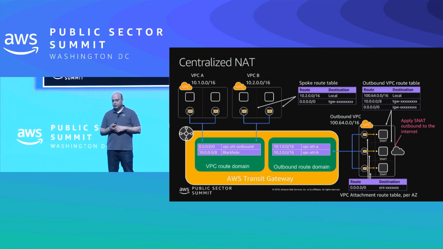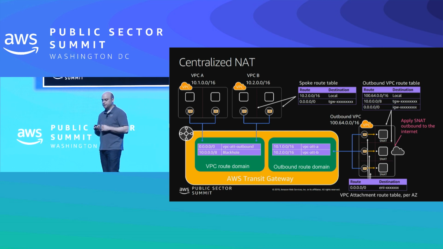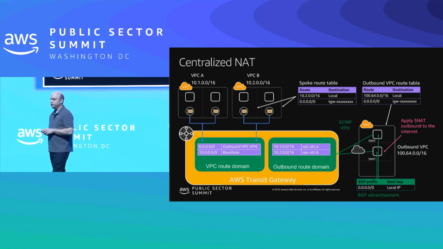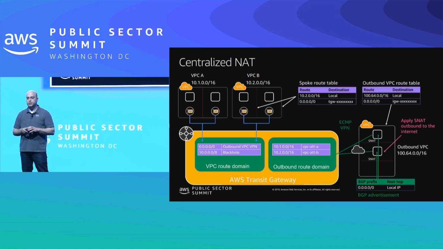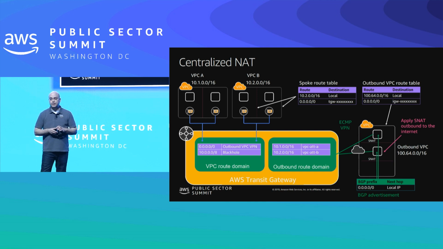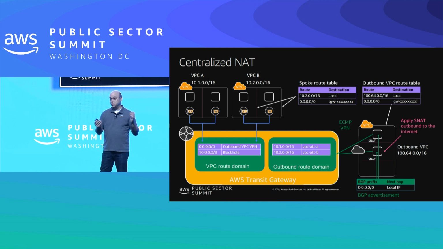All right, so another way that you can configure this for centralized NAT is to take advantage of equal cost multipath over VPN, which is available to you with AWS site-to-site VPN on the Transit Gateway. With Transit Gateway, we give you the ability to horizontally scale your VPN using ECMP. We've tested up to 50 gigabit, and we're sure that you can go higher than that if you need it.